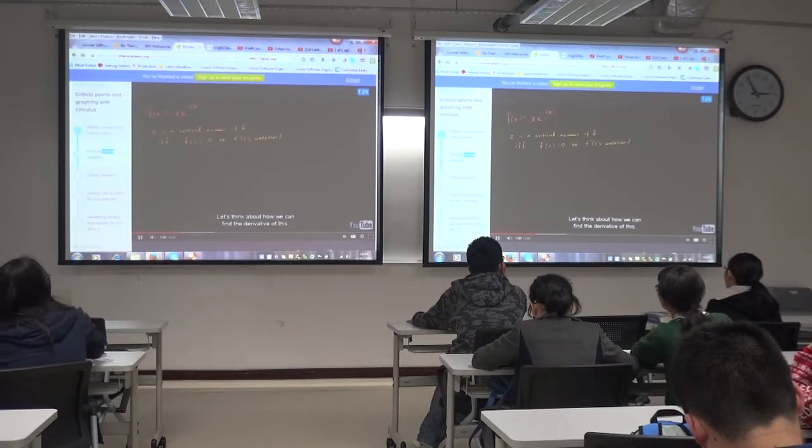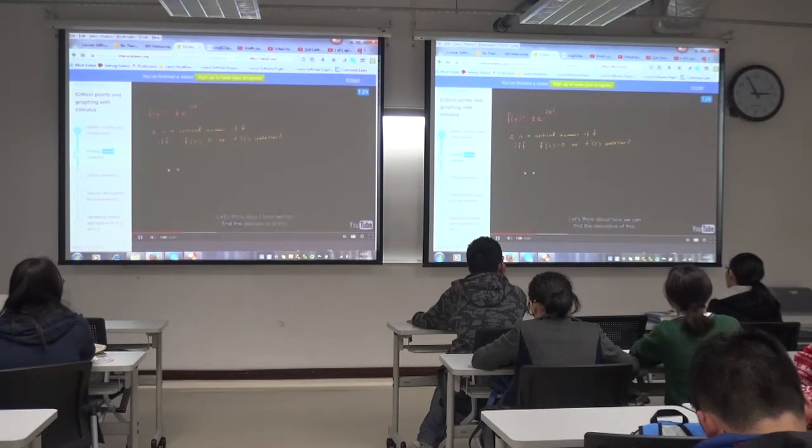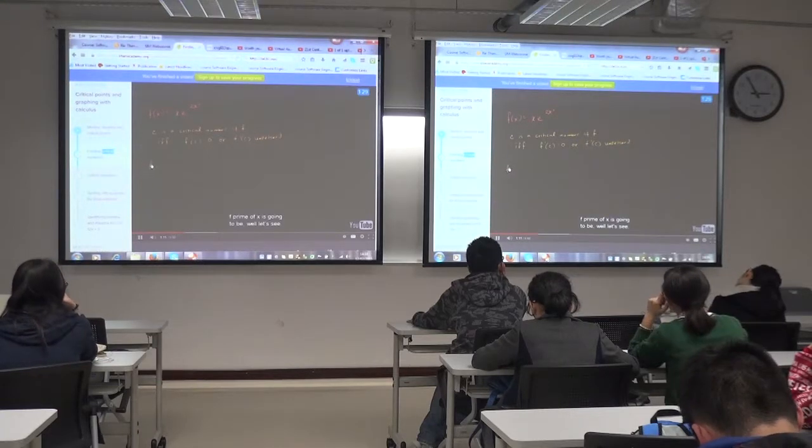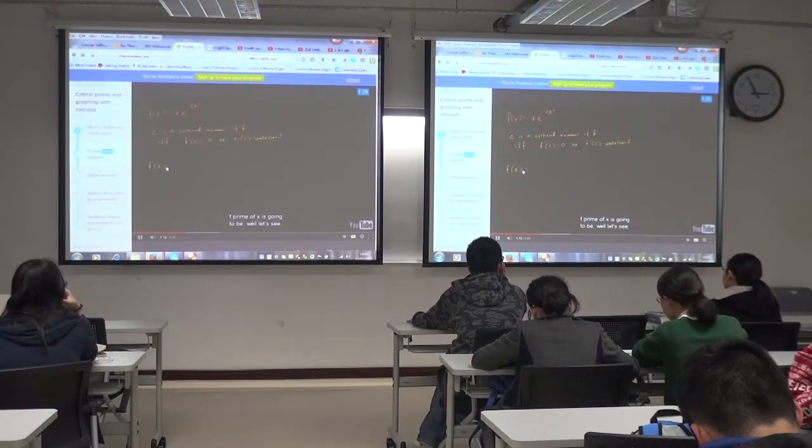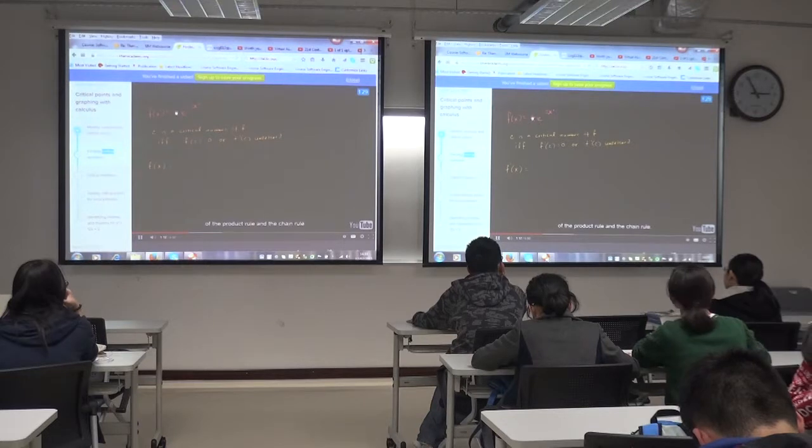So let's think about how we can find the derivative of this. So let's see, f prime of x is going to be, well, we're going to have to apply some combination of the product rule and the chain rule.